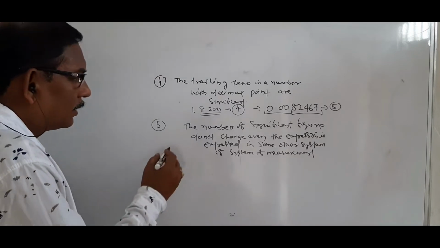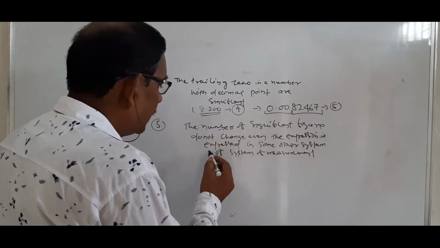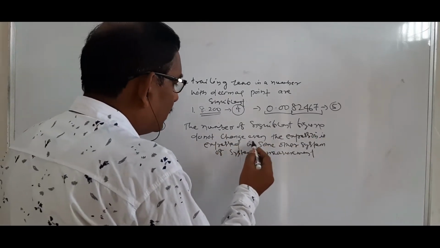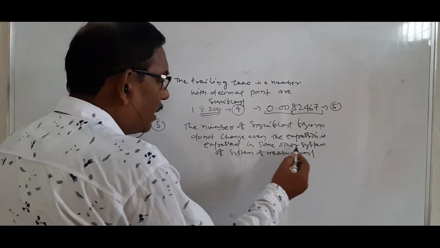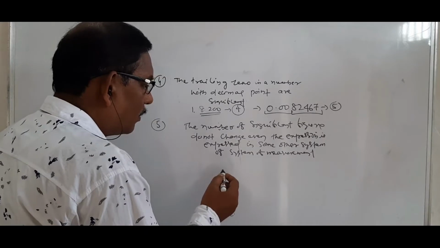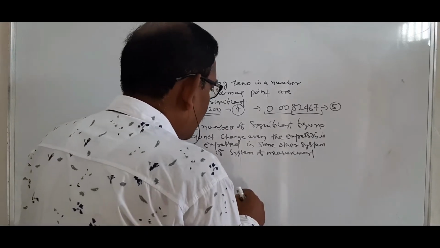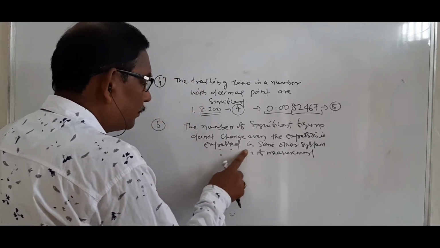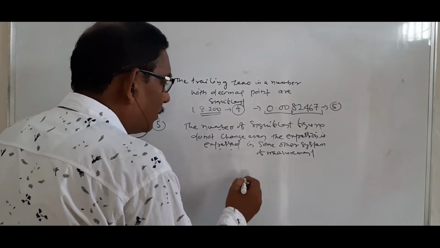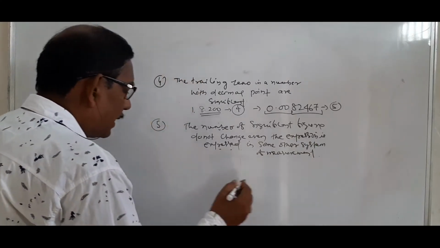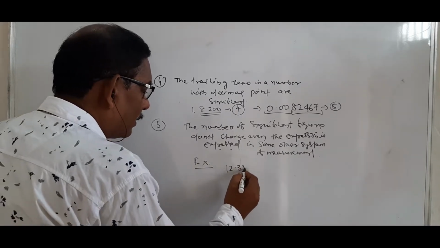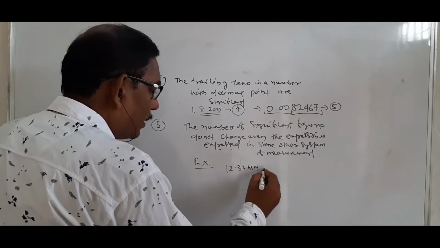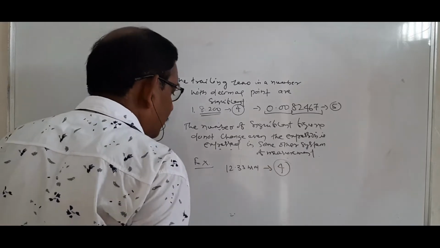Next, the number of significant figures does not change even if the expression is expressed in some other system of measurement. Take an example, 12.33 mm. There are 4 significant figures.